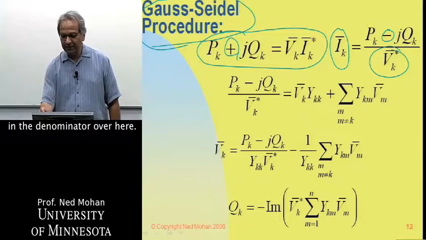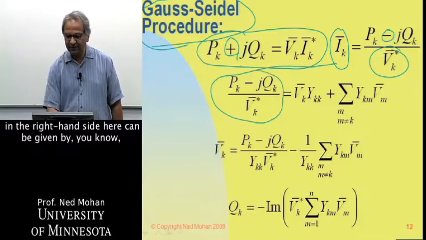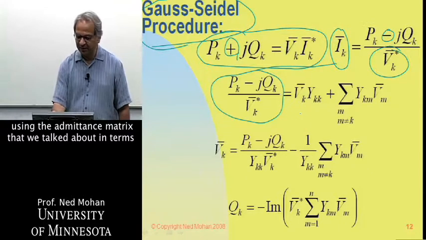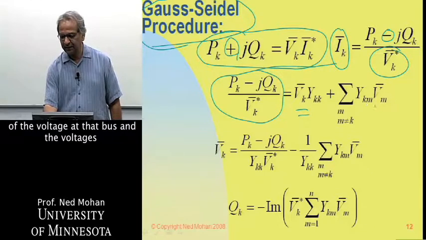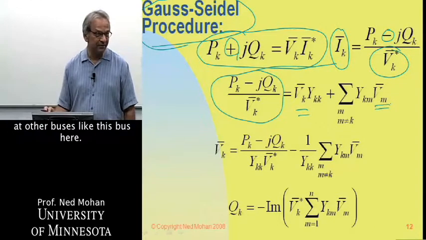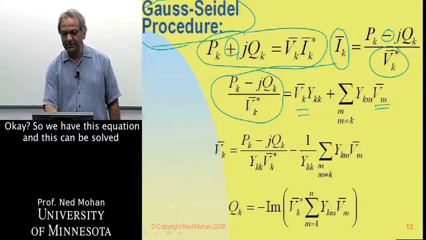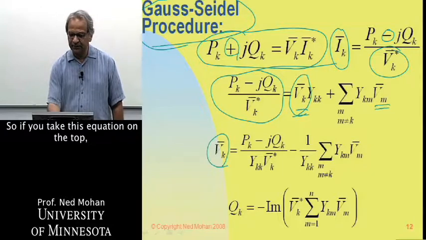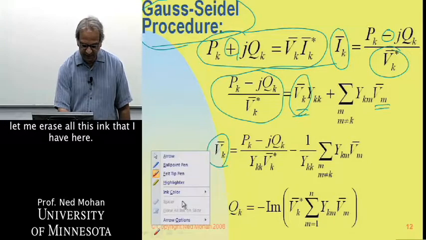So now this current, which is written on the right-hand side here, can be given by, using that admittance matrix that we talked about, the voltage at that bus and the voltages at other buses like this here. Okay, so we have this equation, and this equation can be solved for Vk in this form here. So if you take this equation on the top, let me erase all this ink that I have here.